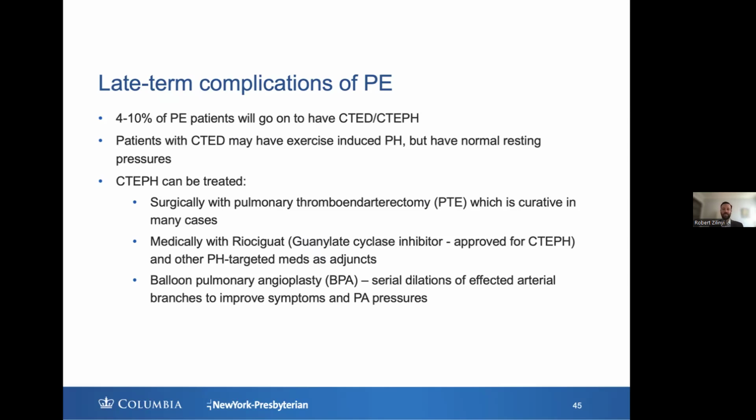And so CTEPH is a potentially tragic disease, but also is one of the only pulmonary hypertension groups that can be definitively treated without transplantation.